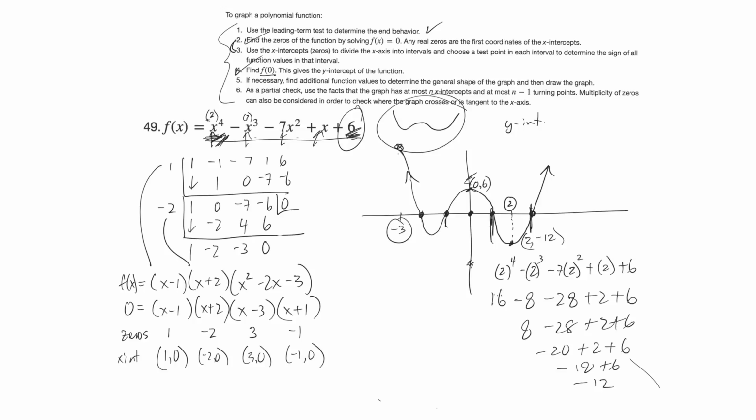Then it says, as a partial check, use the fact that the graph has at most n x-intercepts. So this is n, so 4. It has at most 4 x-intercepts: 1, 2, 3, 4. Got it. At most n minus 1, so 4 minus 1, or 3 turning points. 1 turning point, 2 turning points, 3 turning points. Yep, that checks out. Multiplicity of zeros can also be considered. In this particular graph, we don't have any multiplicities.